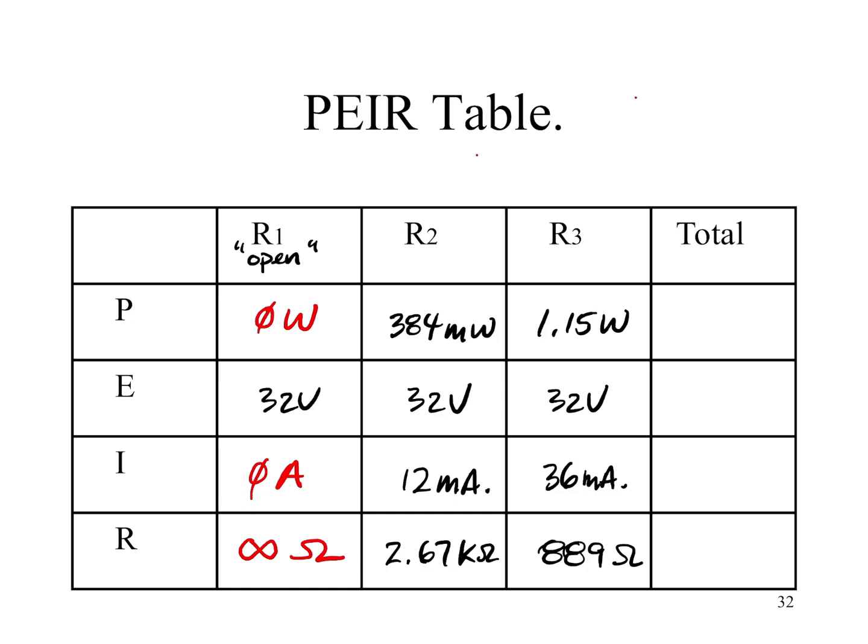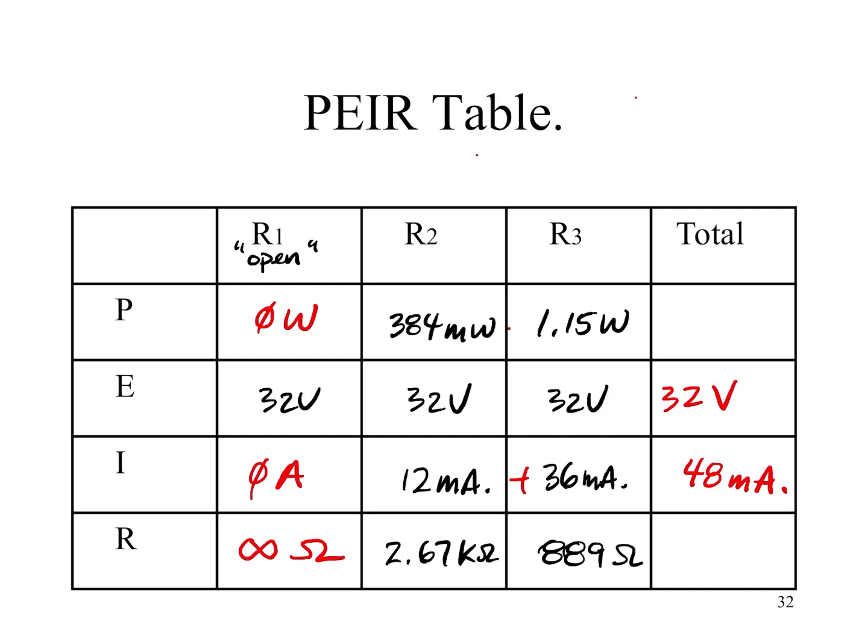If we look now at the total values, we know there's still going to be 32 volts applied to the circuit. We know that now our current is going to go down because we're missing branch 1's current, and we're only going to be looking at the current of branch 2 and branch 3 to give us a total of 48 milliamps.